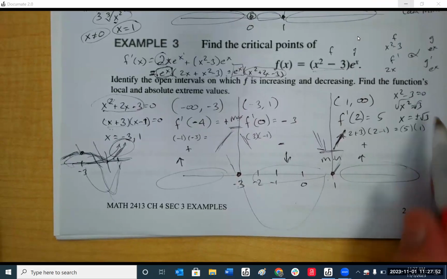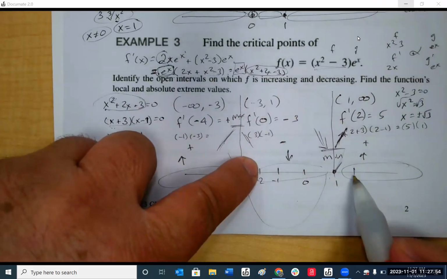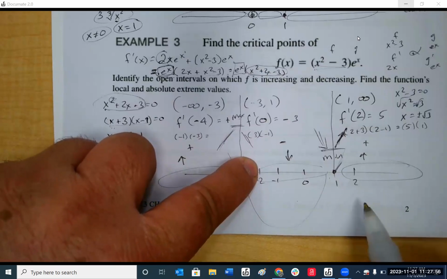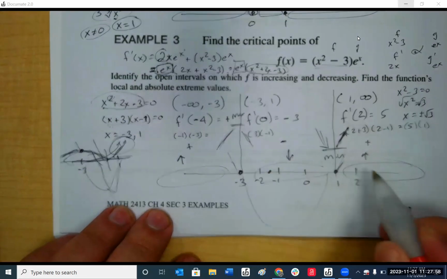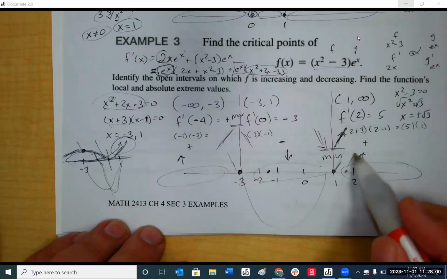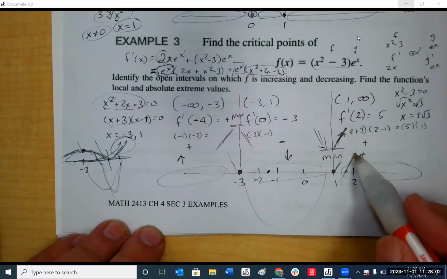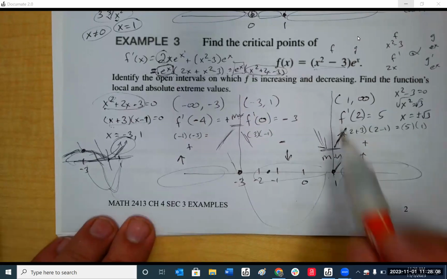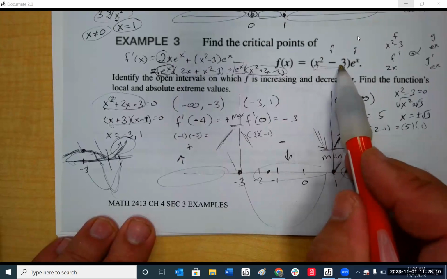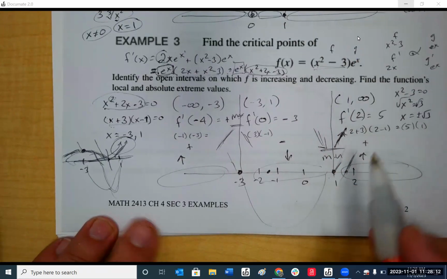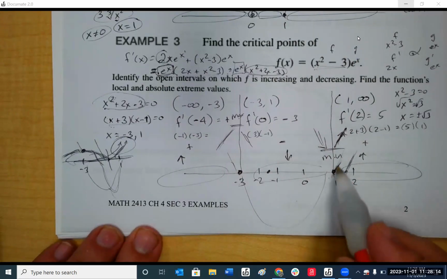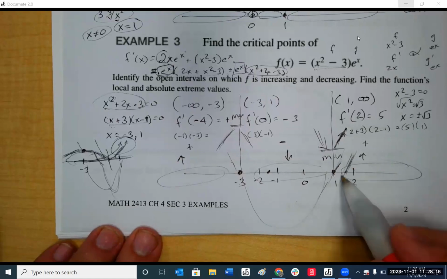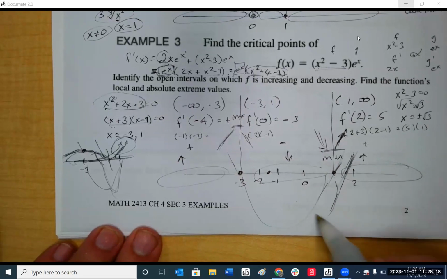The square root of 4 is 2, so it's between 1 and 2. Let's say there and there are our intercepts. And we can figure out that at 1 it is -2. So our graph is going to look something like this.